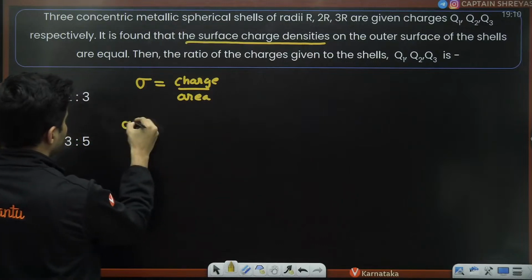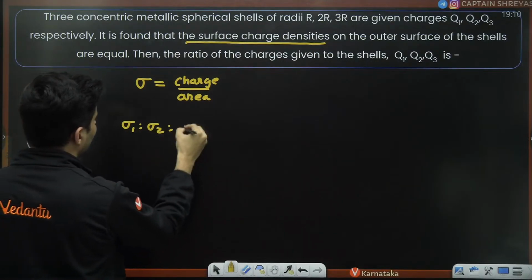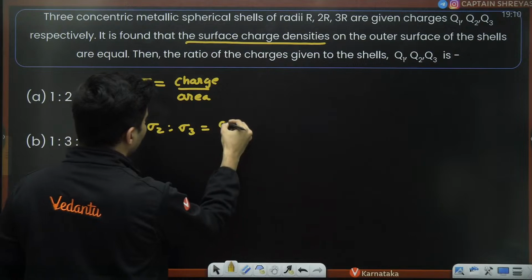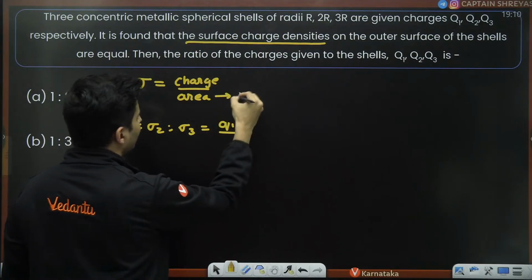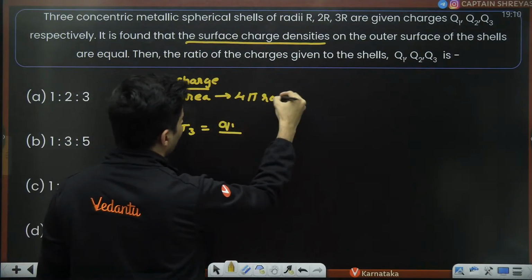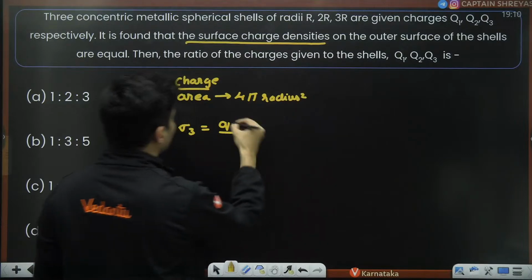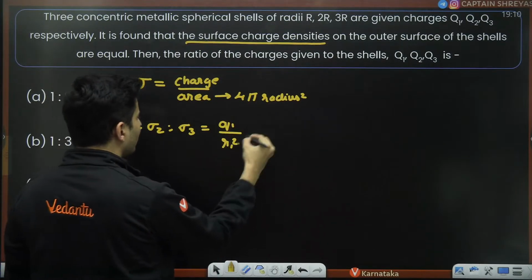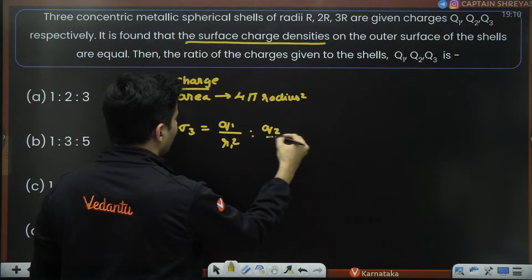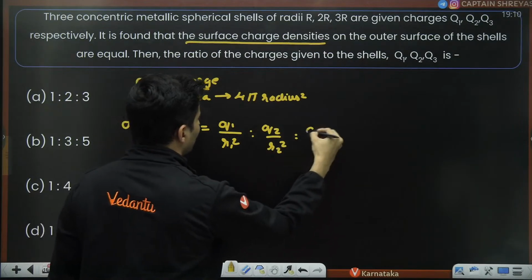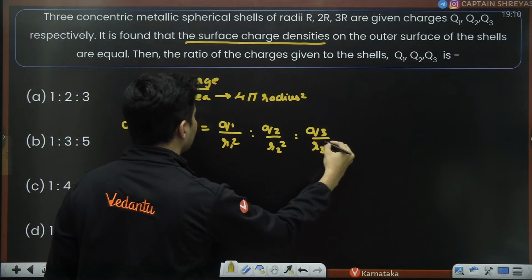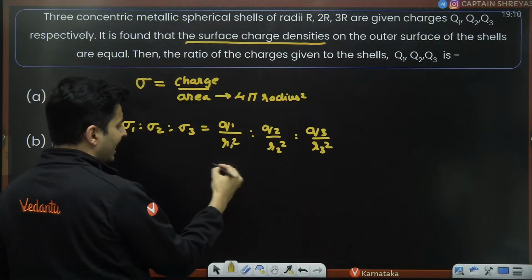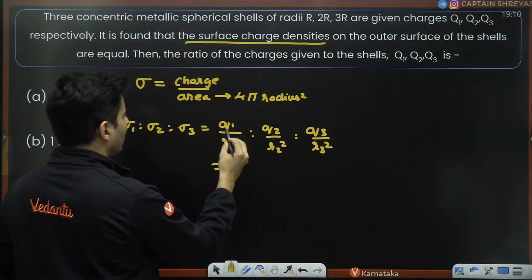So therefore, sigma 1 is to sigma 2 is to sigma 3 will be Q1 by area, and area is 4 pi radius square. So this will be Q1 by R1 square is to Q2 by R2 square is to Q3 divided by R3 square. 4 pi, 4 pi cancel. Okay.